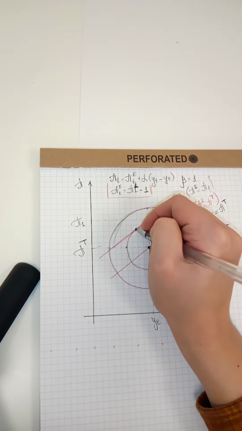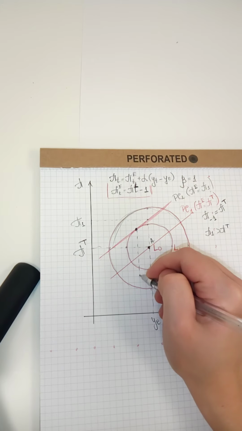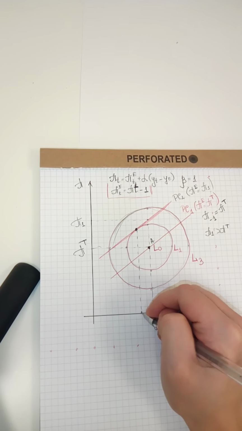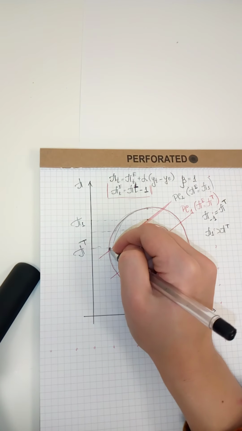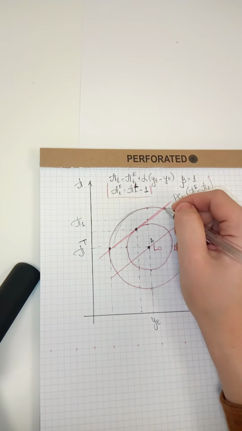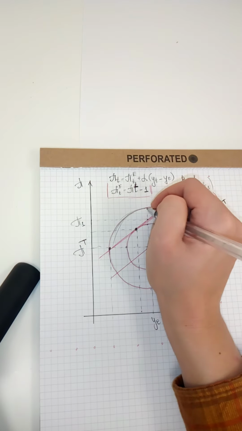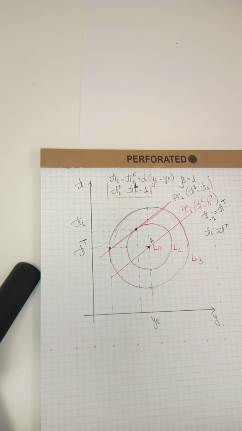Like central bank can choose this combination of output and inflation, this combination of output and inflation, or let's say, maybe this combination of output and inflation.